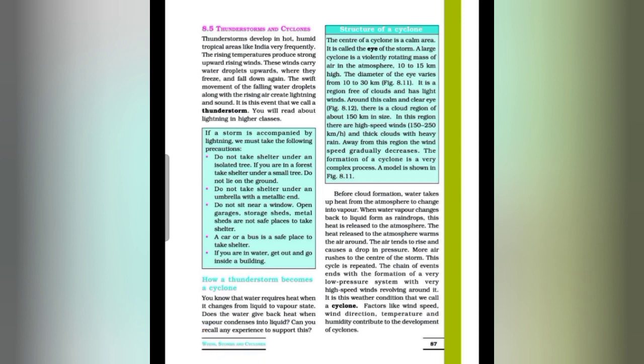So students, the sun heats the surface of the earth, and the hot surface of the earth heats the air in contact with it. The warm air that is being lightened rises up, creating a low pressure area, and cool air rushes in to take its place in the form of strong winds.